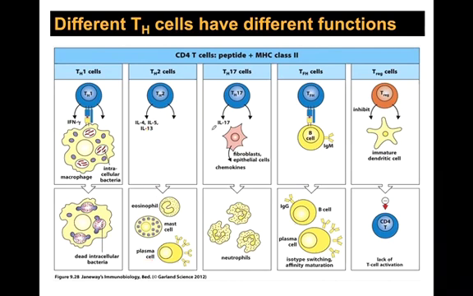Th17 cells, again, are typically in mucosal associated lymphoid tissues, and they make cytokines that tell the cells in that area to change the structural architecture, working on epithelial cells or fibroblasts and helping them rearrange to seal any breaks in the epithelia.